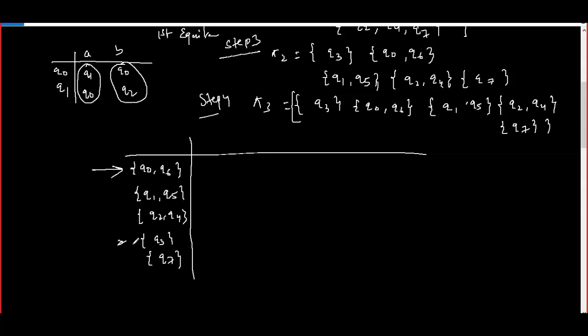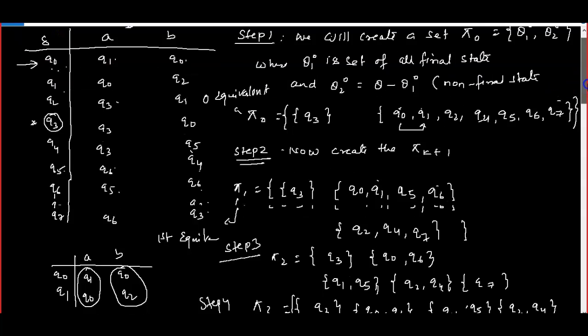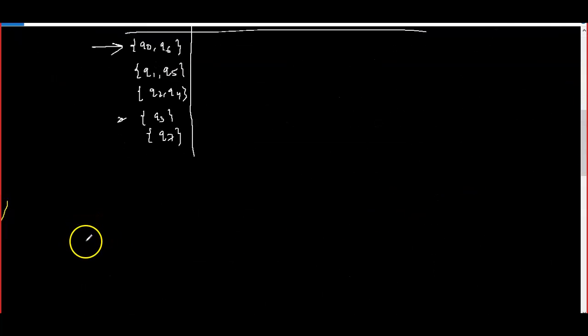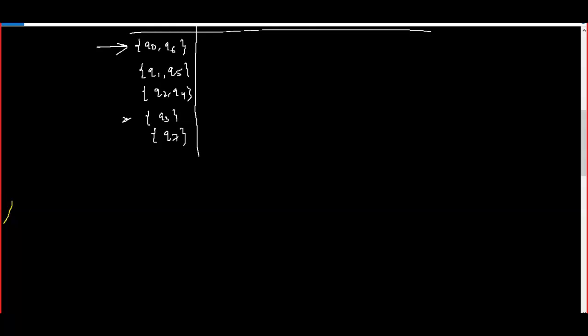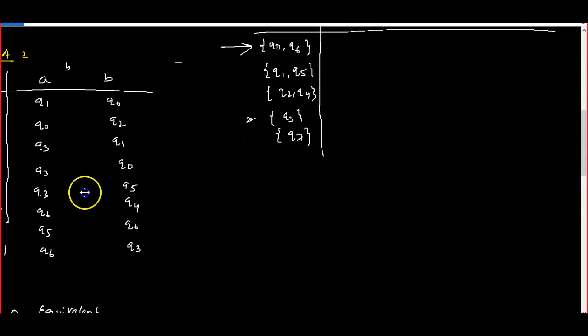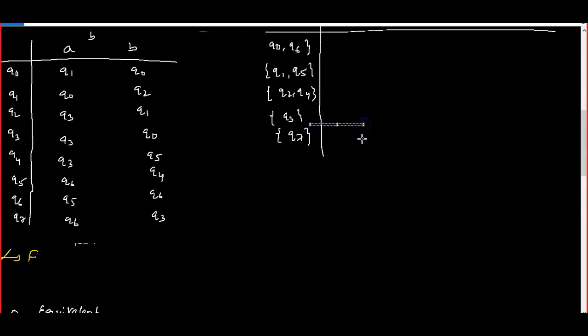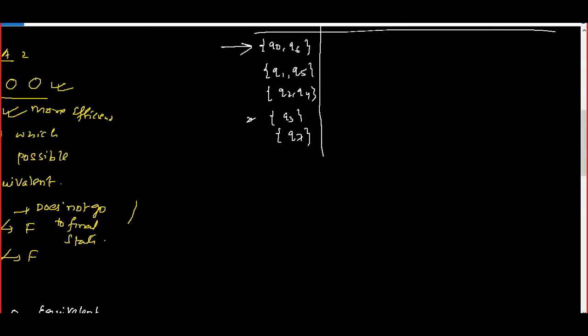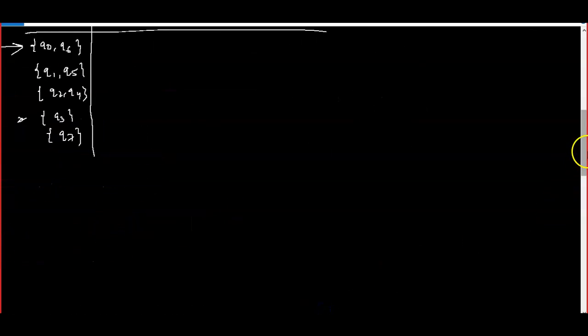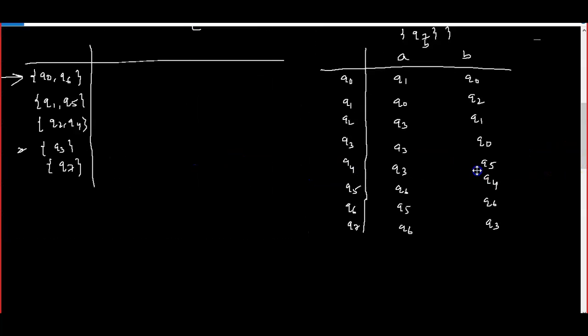Now for each state, we have to do the corresponding A and B. I will copy this one here, so it will be easy for us to check which value I am writing. Okay.